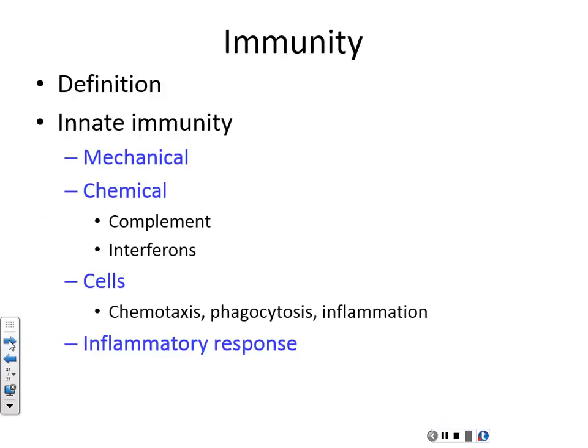So, immunity. There are two big groups: innate and adaptive, right? The first one is the innate, which is natural, non-specific mechanisms, like engulfing microorganisms with macrophages and whatnot. Phagocytosis is non-specific; it will engulf anything foreign and then break it up.